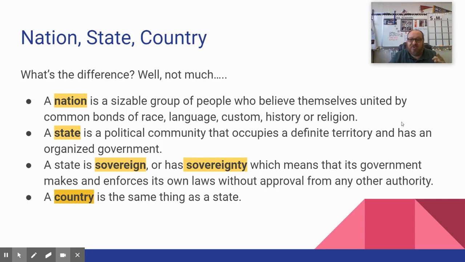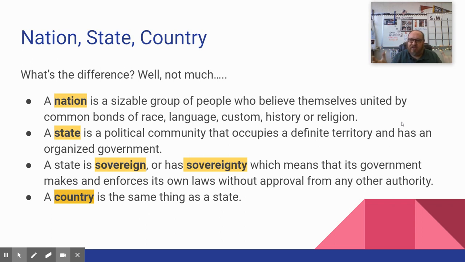Both of those, state and country, are what we call sovereign, or they have sovereignty. Sovereignty means that the government of that organization, so a state's government, is its own authority. There's no authority higher that can make any decisions for it. It doesn't have to go get approval from any other authority to do anything.